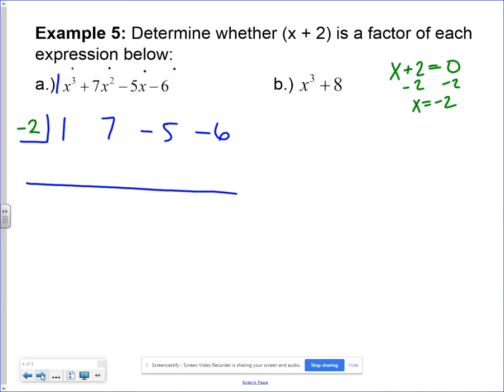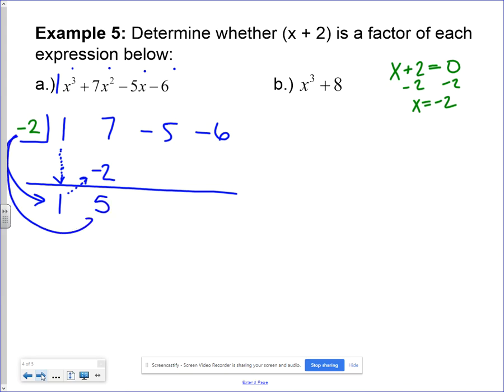So again, the first step is to drop your first number below the line. 1. Then I'm going to take the negative 2 and multiply by 1. Negative 2 times 1 is negative 2. Add these together. 7 plus negative 2 is 5.